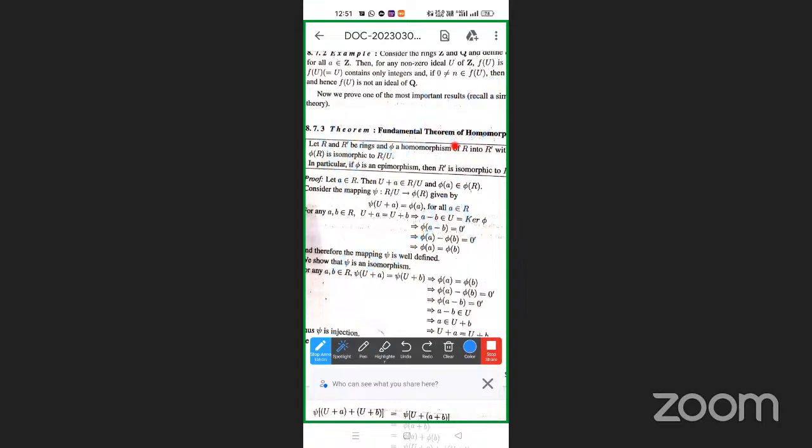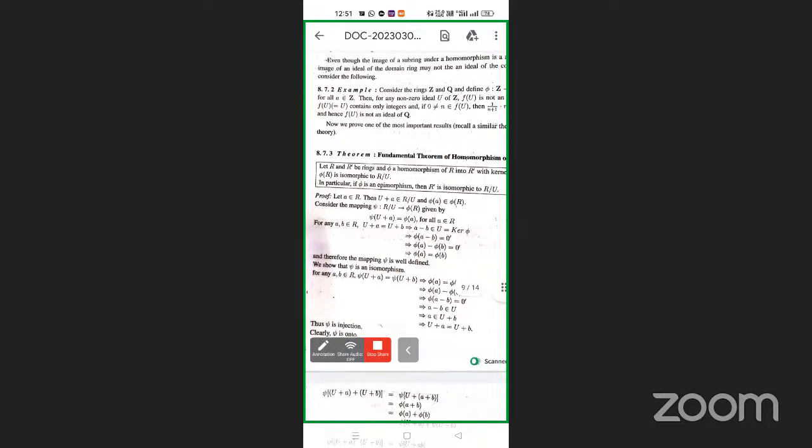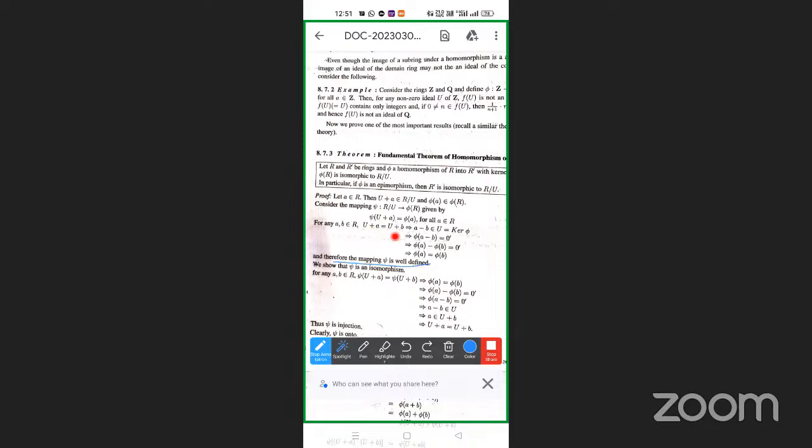So here also, we are taking psi as a function from R/U to pi of R. We have to show that psi is a well-defined function. Therefore, the mapping psi is well-defined. We take U plus a equals U plus b, and we have to show that pi of a equals pi of b.